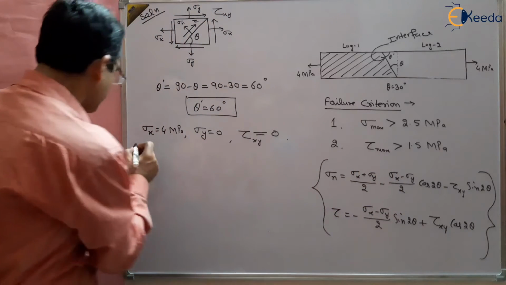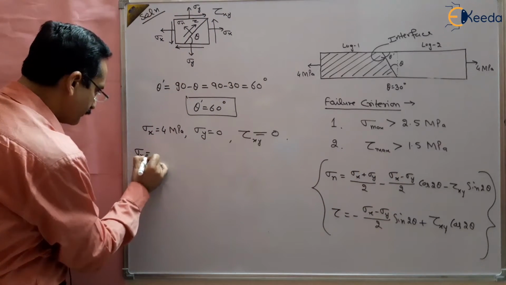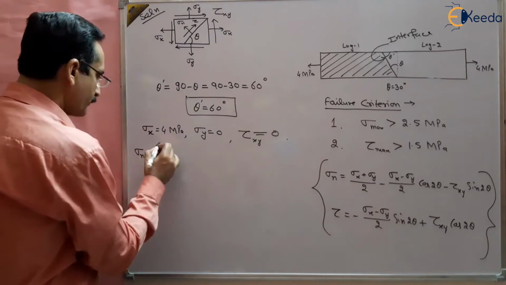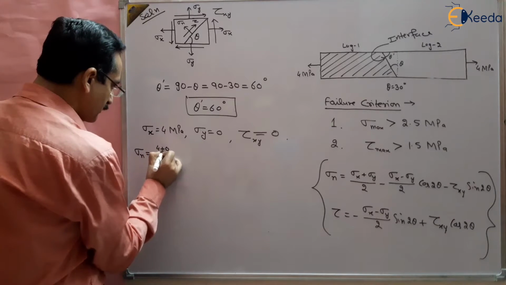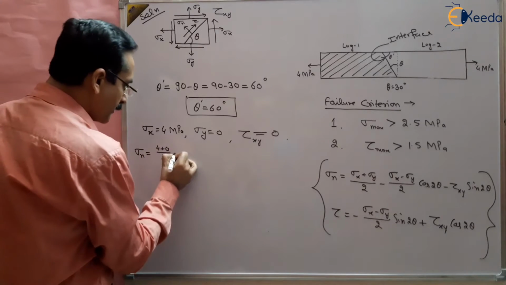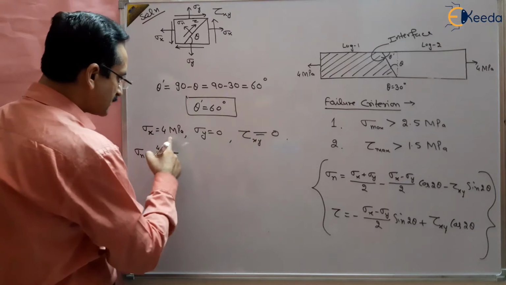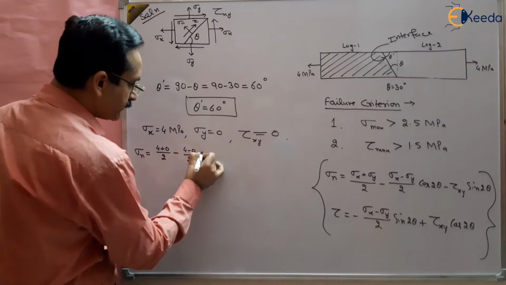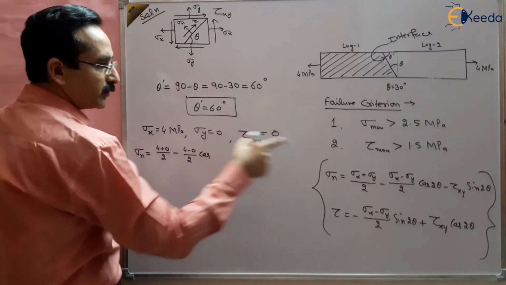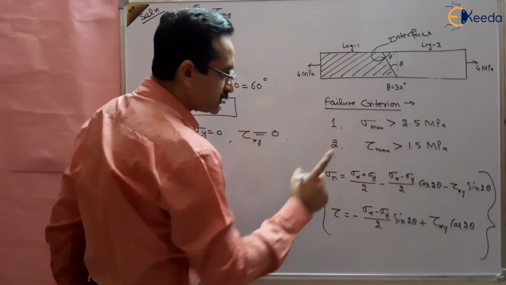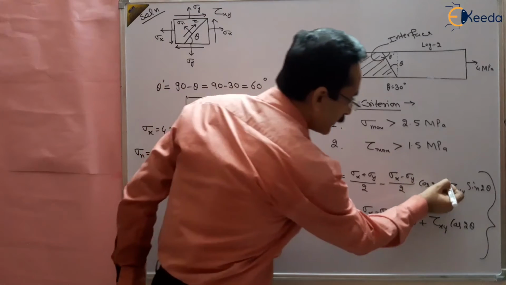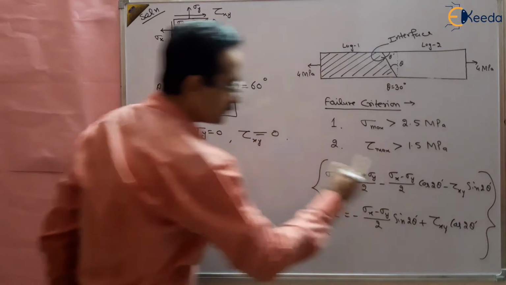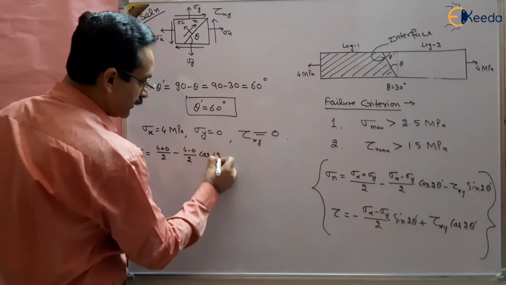So what will be sigma n? Sigma n will be equal to (sigma x plus sigma y) by 2, so (4 plus 0) by 2, minus (sigma x minus sigma y) by 2, which is again (4 minus 0) by 2, times cos 2 theta. I am writing here theta dash. So 2 times 60, this is 120.